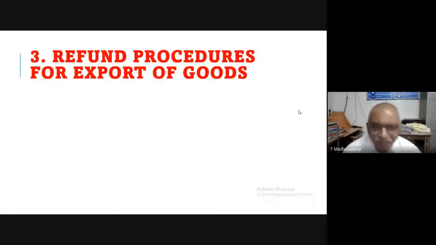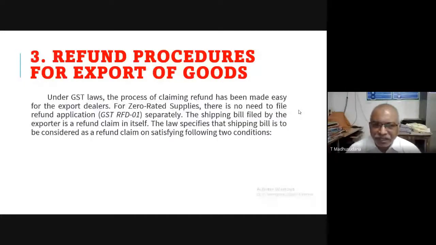Now let us see what is the refund procedure for exports of goods. If you export goods, what is the procedure? Under GST laws, the process of claiming refund for export is very easy.